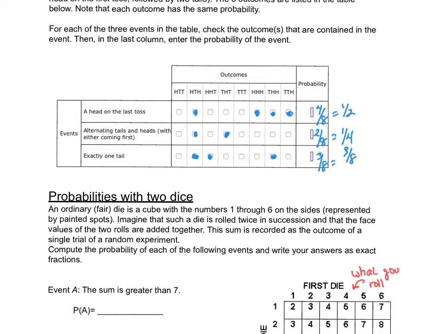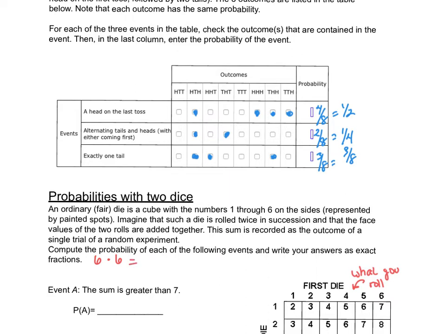If you look, how many possible ways are there to roll 2 dice? Well, go back to last lesson when we had the fundamental counting principle. If you roll a die one way, 1 die, you've got 6 possible outcomes, 1 through 6. If you roll a second die, you've got 6 possible outcomes, 1 through 6.